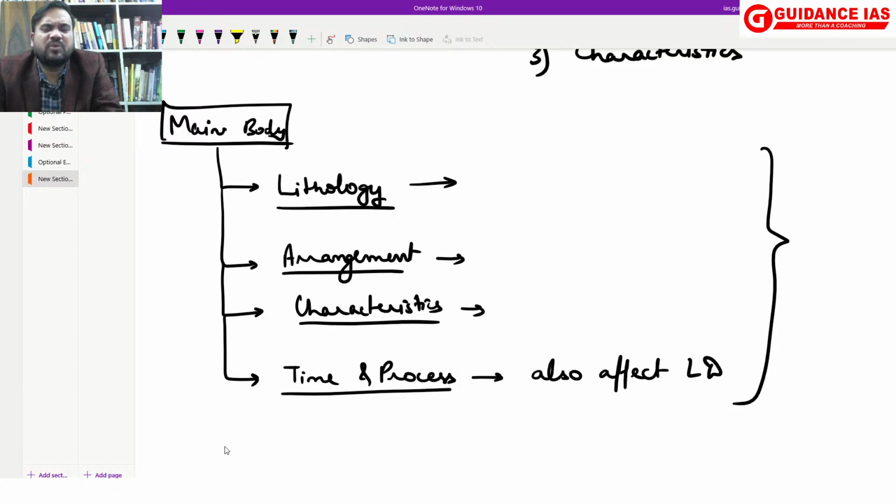Can I say it was not the mistake of UPSC or the examiner? Can I say that it was the mistake of the student, that he was not very clear about his content, what was to be written there? Tell me yes or no.